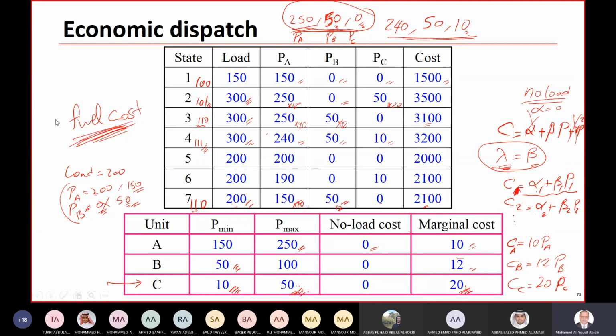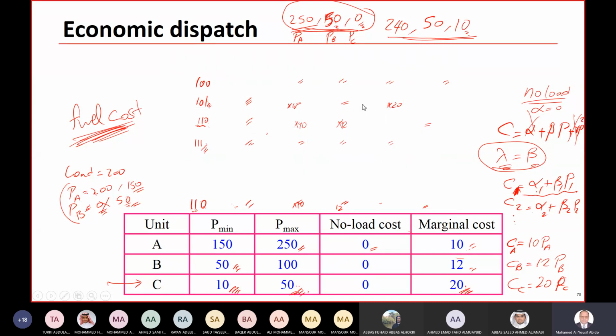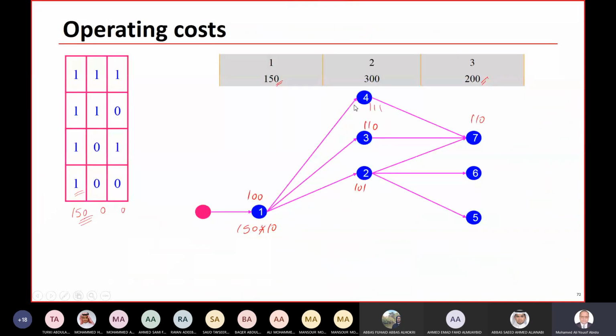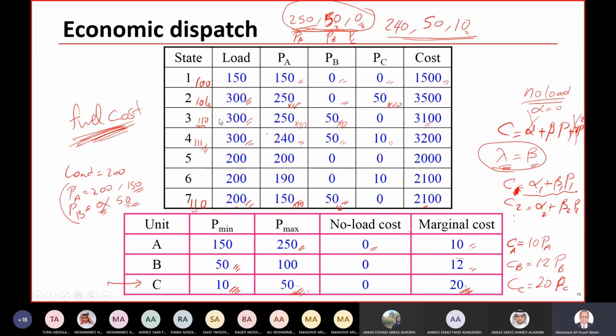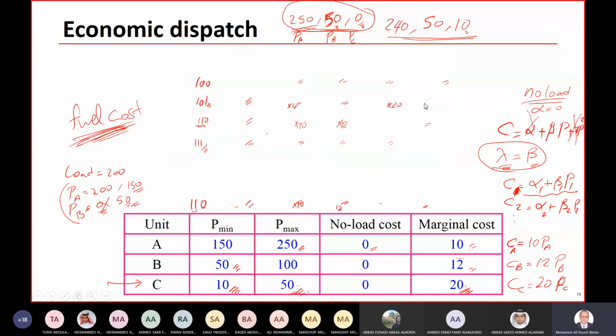The first, the fuel cost, is calculated as such. So for each combination now, at this one, you know the operating cost. Machine unit 1 is $1,500, and this one is $3,500.